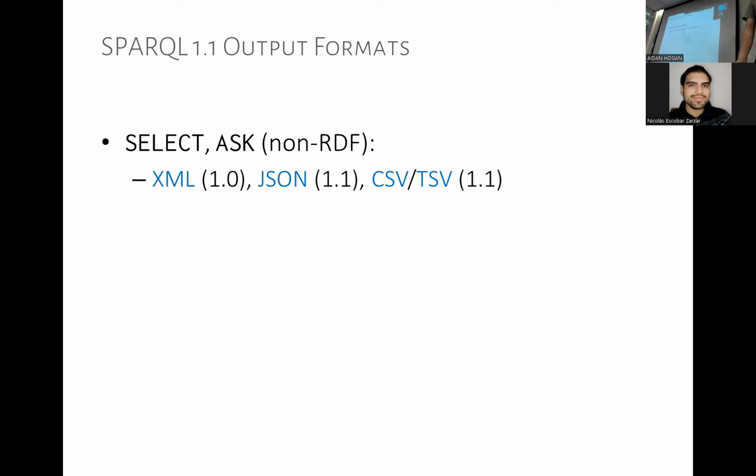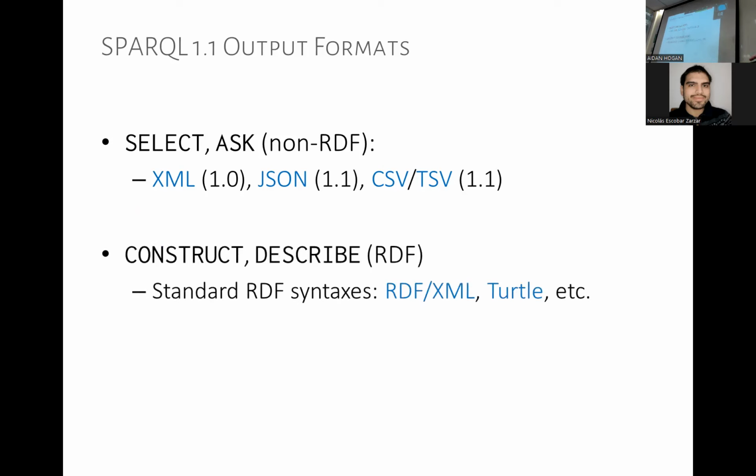So you don't have to work with XML anymore. And you can get your CONSTRUCT, DESCRIBE RDF data. These queries generate RDF graphs. You can get this in standard RDF syntaxes like RDF/XML, Turtle, N-Triples, in a variety of different syntaxes.